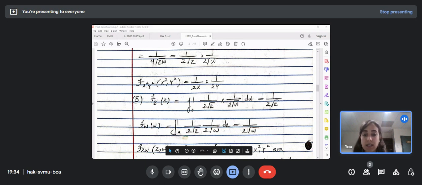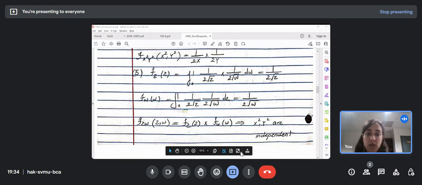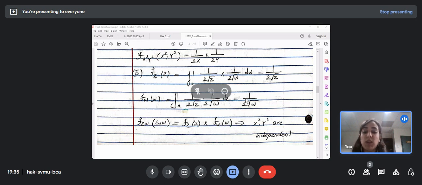If we calculate the marginal density function with respect to z and w, we will see that the joint distribution of z and w is equal to the product of the marginals of each one. So we can understand that x to the power of 2 and y to the power of 2 are independent. Okay, that was the answer to question 1.